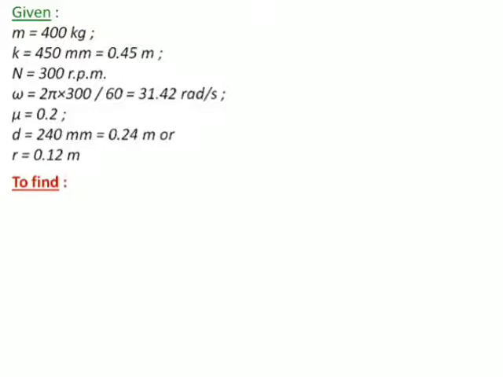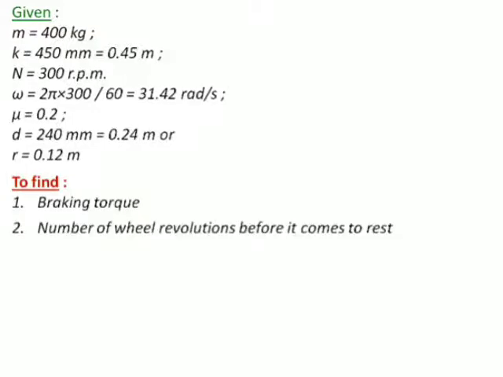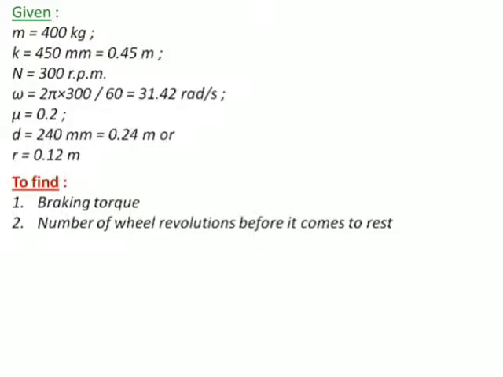Coefficient of friction mu equal to 0.2, diameter 240 mm or 0.24 meters, or radius we can say 0.12 meters. We have to find braking torque, number of wheel revolutions before it comes to rest, and time required by the wheel to come to rest.